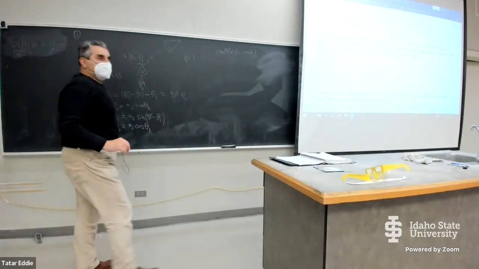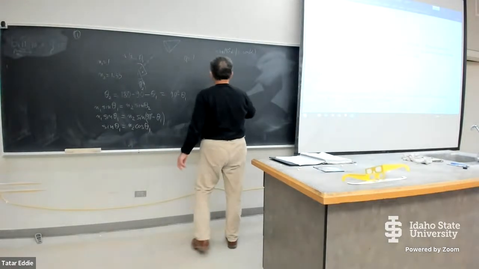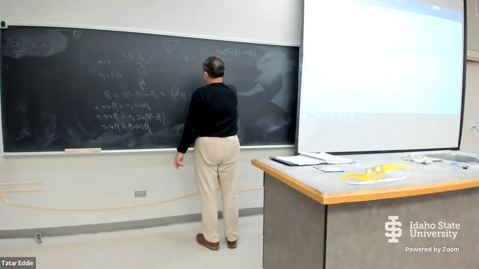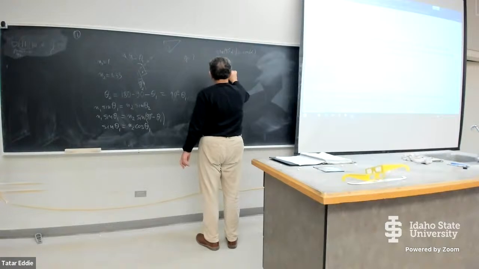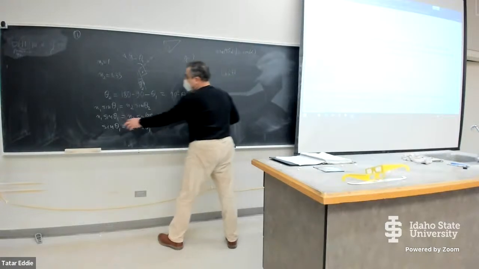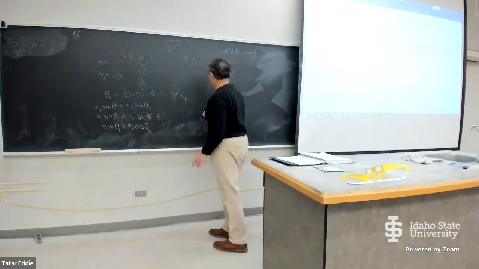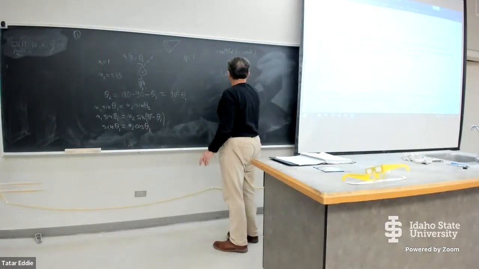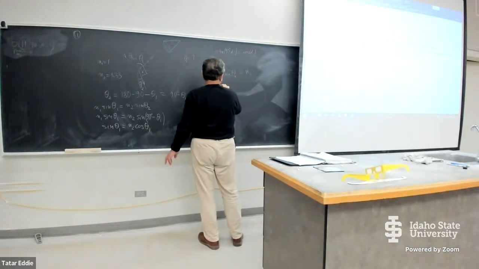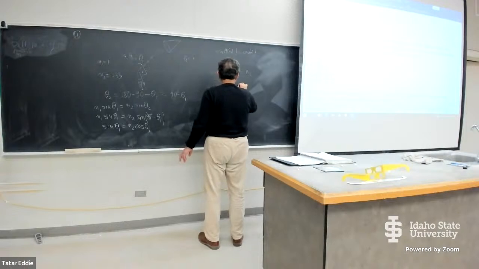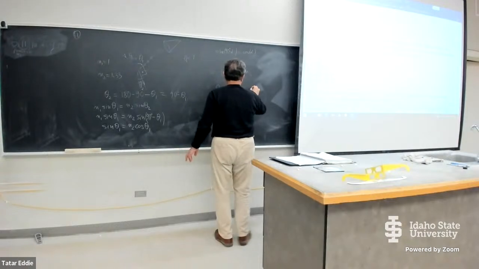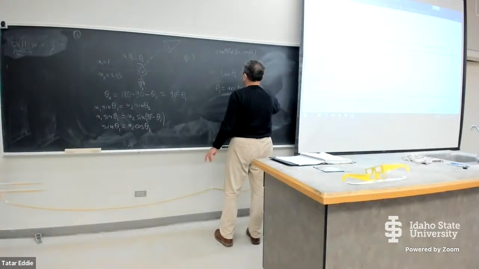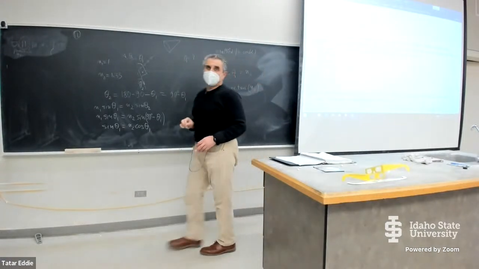Dividing both sides by cosine of theta 1, we get tangent of theta 1, which is the ratio of sine divided by cosine, equal to n2. Therefore, theta 1 is the inverse tangent of n2, the inverse tangent of 1.33.